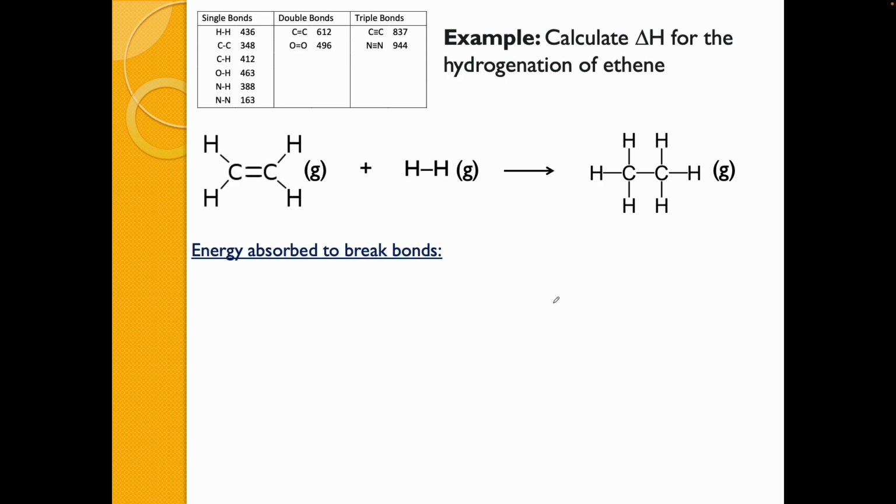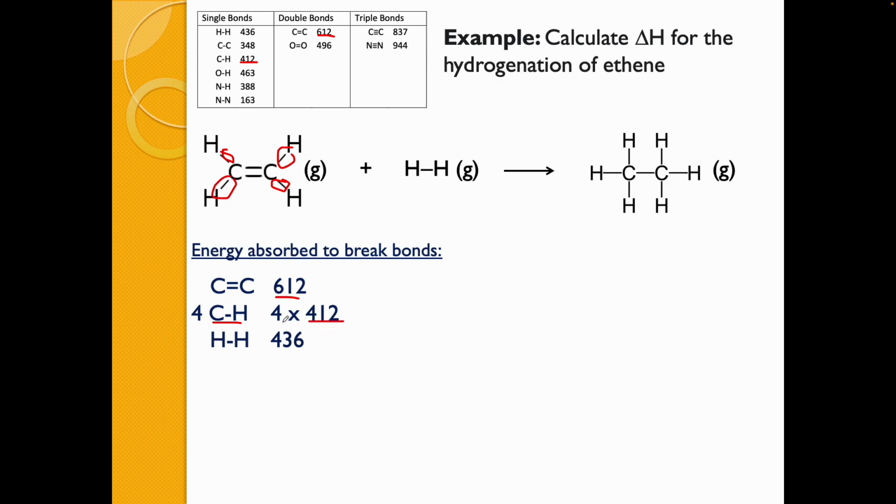All right. So the energy absorbed to break the bonds can be calculated by taking the carbon-to-carbon double bond, which we know is 612 up here in our data table, and there's only one of them. Now there are 4 carbon to hydrogen bonds. Look at that: 1, 2, 3, 4. So we're going to take the carbon-hydrogen number, which is 412, and multiply by 4.